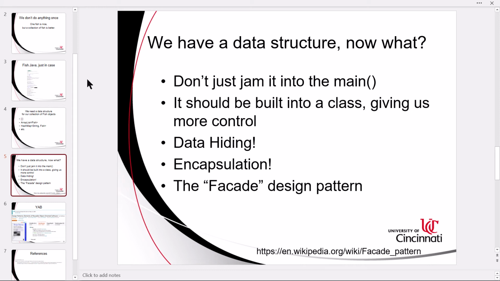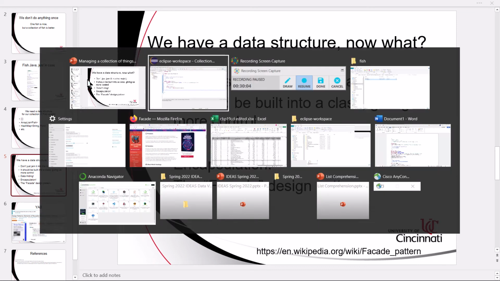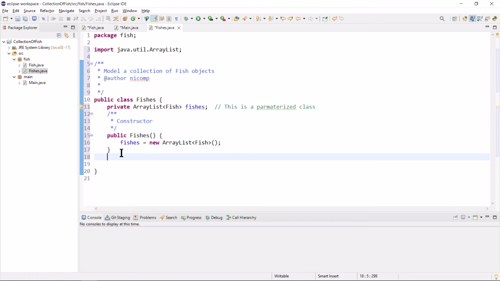You probably want to have some kind of method in the fishes class that you can call to add a fish to that collection. And keep in mind, you don't know anything about that collection. You don't know what it's called. You don't know the data type of it. You just know that I am managing it for you because I wrote this class.